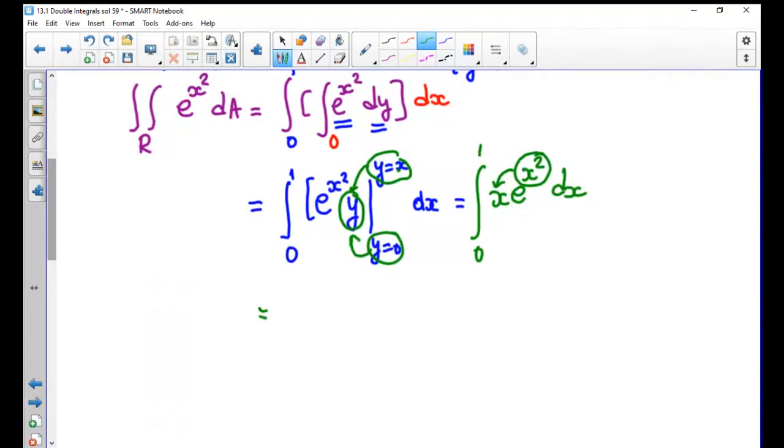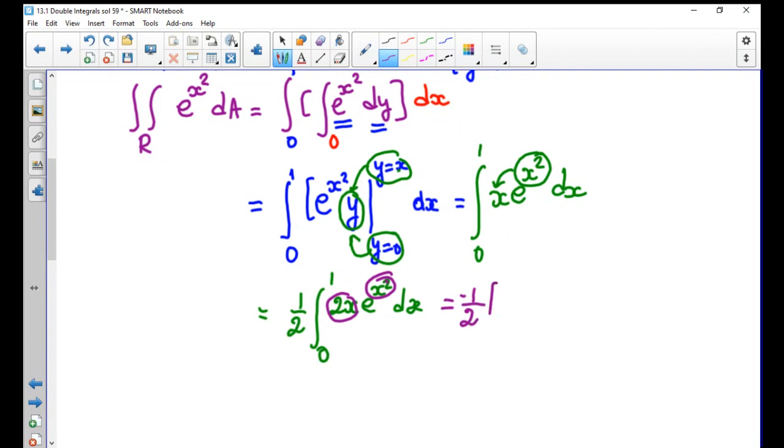So you could think of this as half the integral from 0 to 1 of 2x e^(x squared) dx. Now, the derivative of x squared is exactly 2x. So it's going to be half of e^(x squared) from 0 to 1.